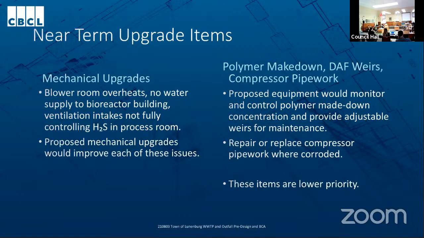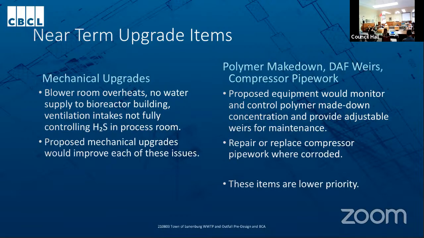The next options are the lower priority items that include modification to the polymer makedown system, the DAF weirs, and the compressor pipework. The polymer makedown system is a system that makes down dry polymer into its usable form for dosing.